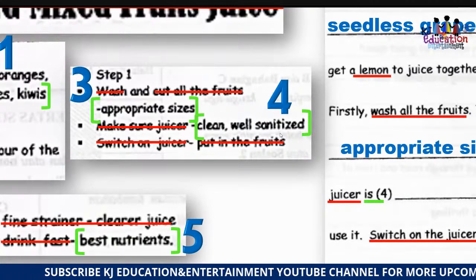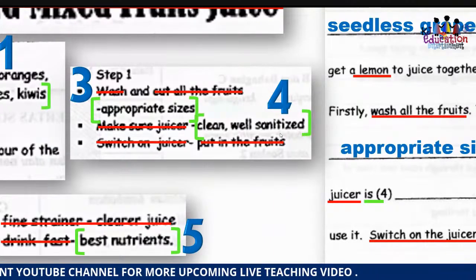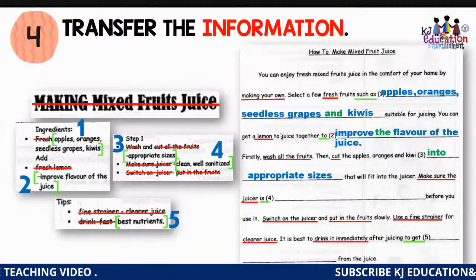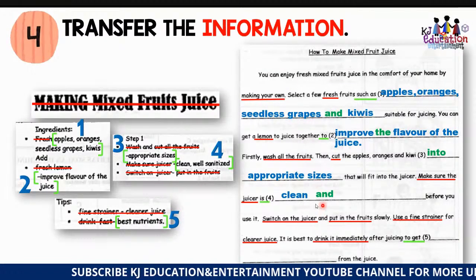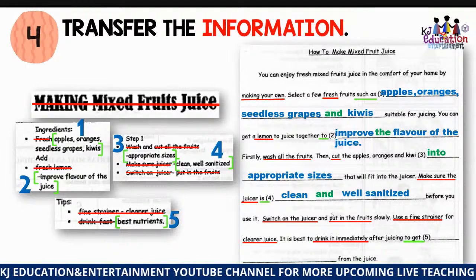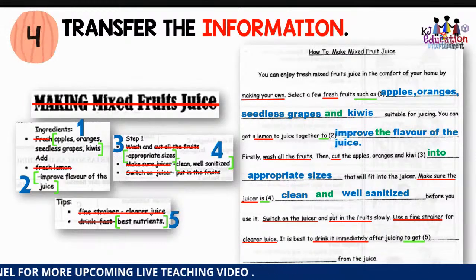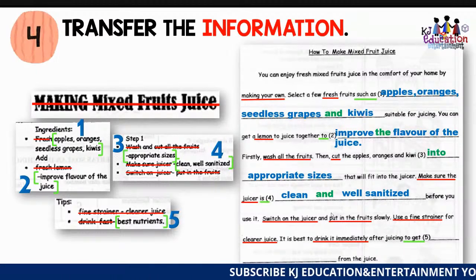What do you think the comma means? What word is it? Come on. Yes, very good. It means clean and well sanitized. Very good. You're actually getting the hang of it. We have answered 4 questions correctly already.